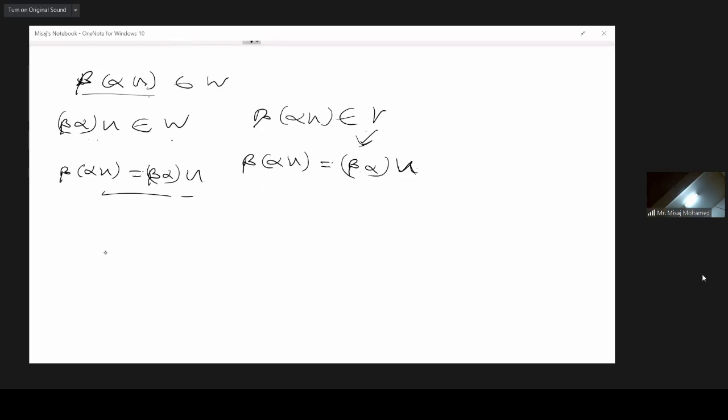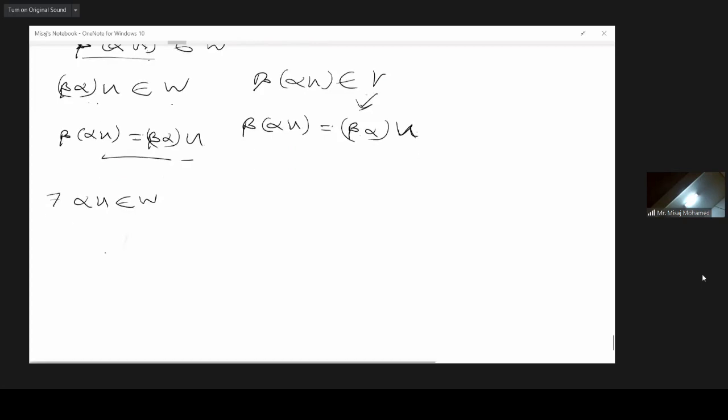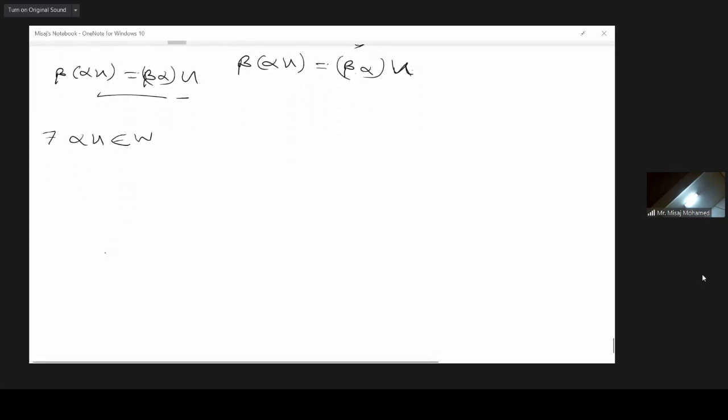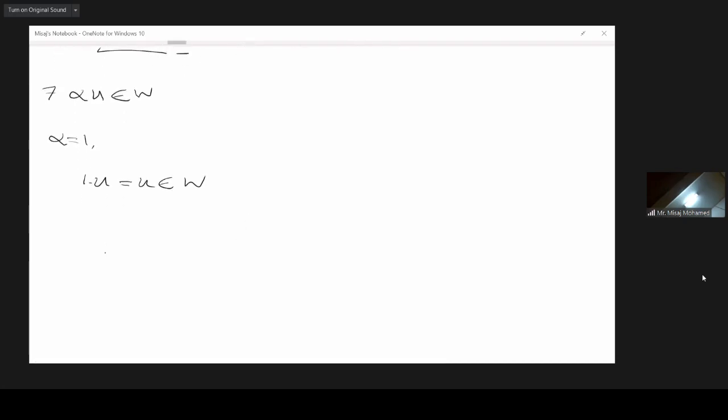Now already we know that alpha u is in W. So if alpha is taken as 1, then 1 into u, which is equal to u, is in W. Therefore, this is scalar identity. That is very simple. What is the next one? This is the 8th one, I think. Distributive law. 9 and 10 properties are there.